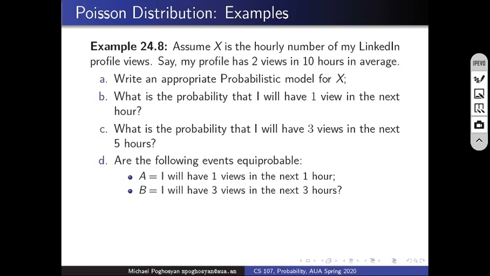So the idea is the following. Say this is our timeline: 1 hour, 2 hours, 3 hours.